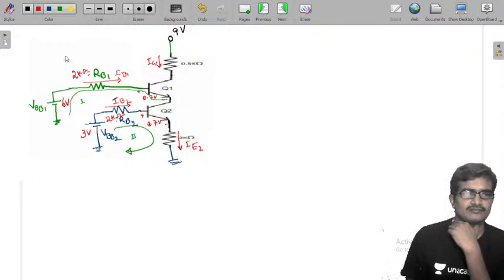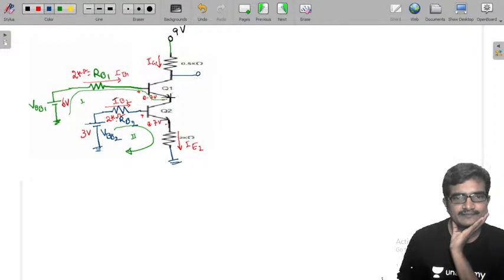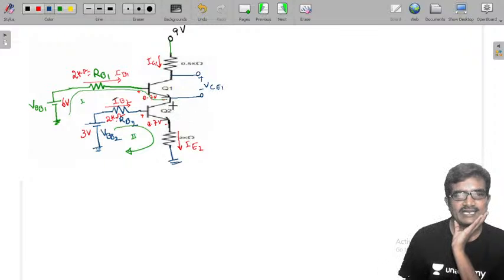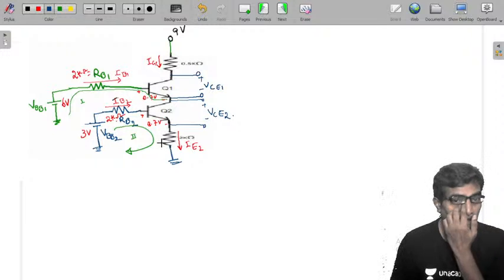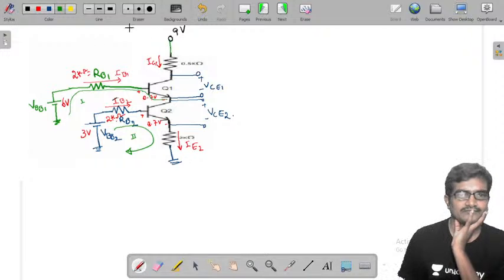This is VCE1 and this is VCE2. Just I am going to apply KVL to the output loop.